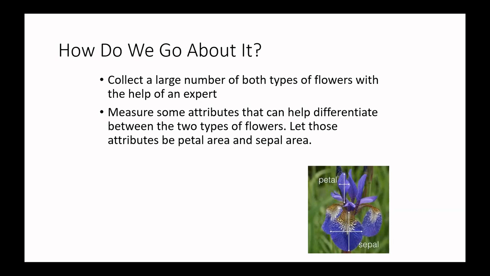So with the help of an expert, you are collecting a large number of examples and labeling them. And of course, in order to build your model, you need some kind of properties to be measured so that those properties can be used in your classification model. In this case, you decide that you are going to measure petal area and sepal area as two properties.